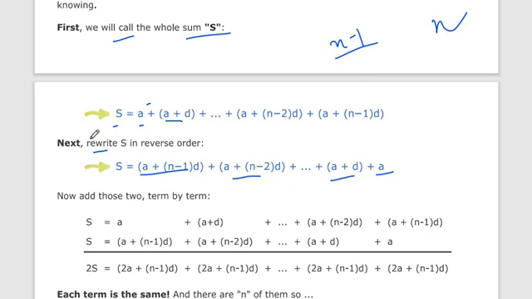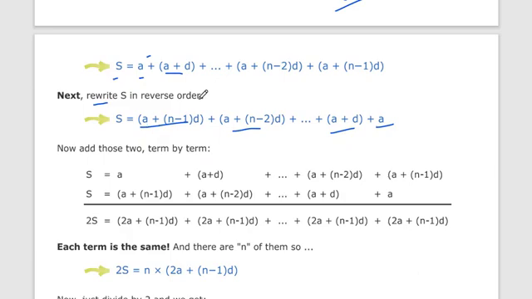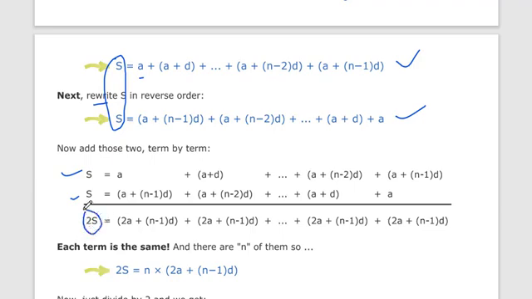Now we have to add these two equations, term by term. First of all, S and S will become 2S.